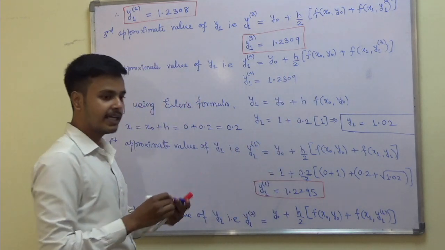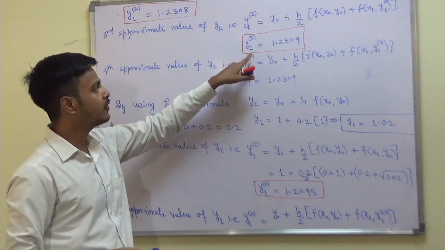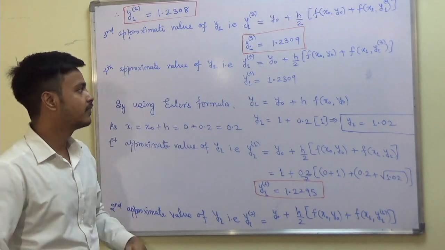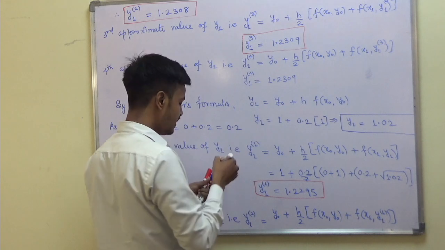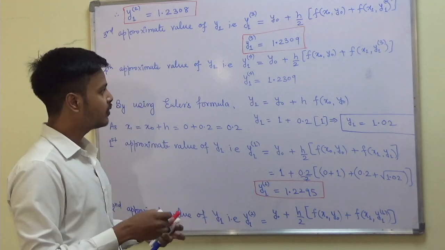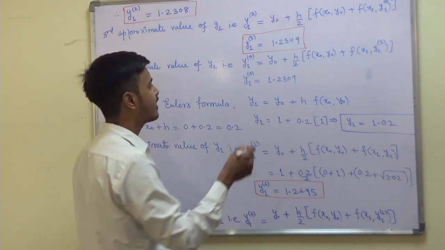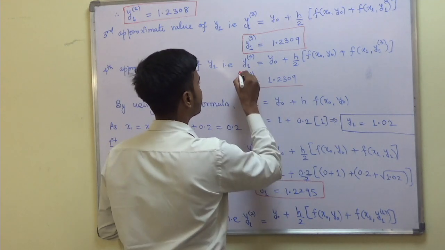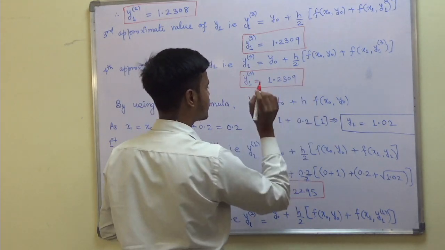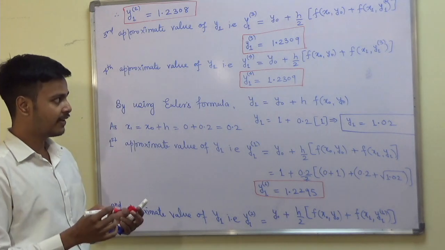Okay, and this value y14 comes out to be 1.2309. Okay, now as you can see, the value of y13 and the value of y14, that is the third approximate value and the fourth approximate value of y1, agreed. So we can terminate the process. This is the value that we are getting.